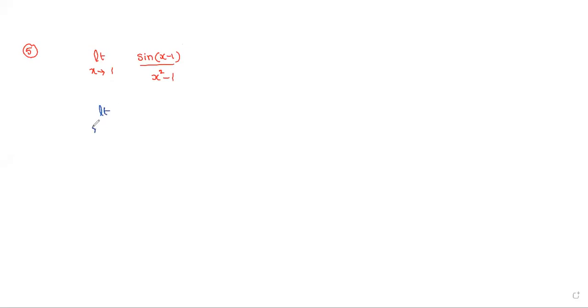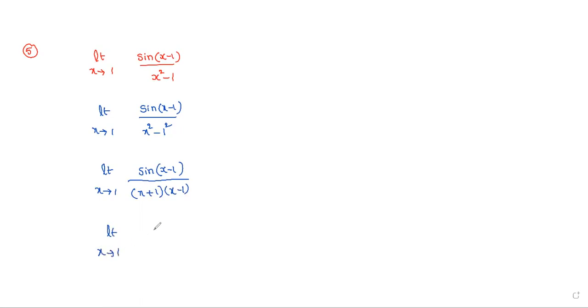Write x square minus 1 as 1 square, using a square minus b square equals a plus b into a minus b: x plus 1 into x minus 1. Then write separate terms: limit x tends to 1, sin of x minus 1 by x minus 1, and limit x tends to 1, 1 by x plus 1.